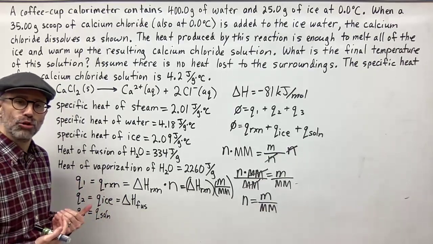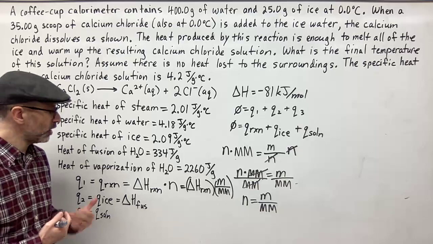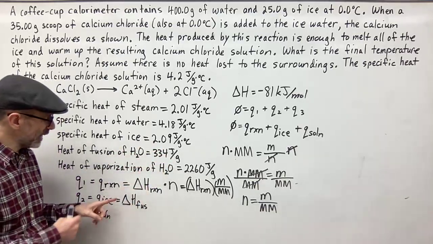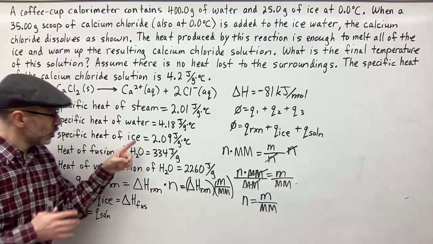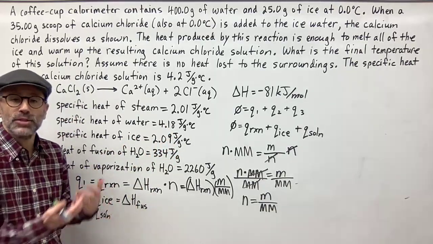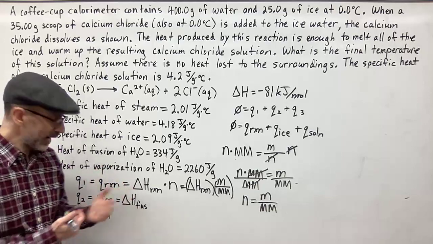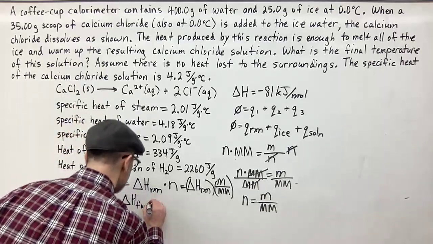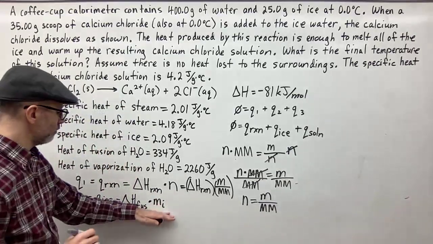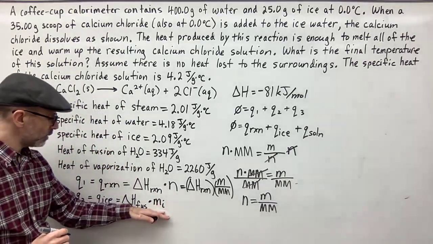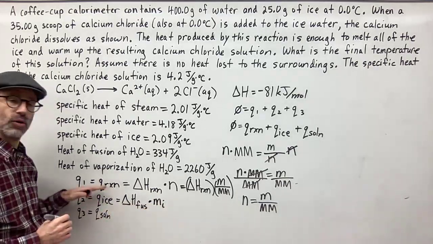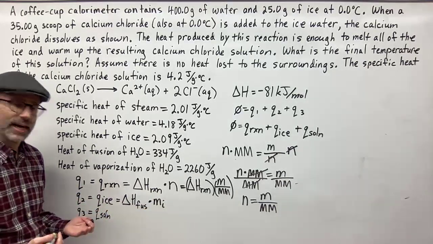That should be in joules alone. That should be a heat unit alone. But this is a heat unit per gram. So in order to get the unit joules by itself, I'm going to have to multiply by grams, the mass of the ice. So here, I'm just going to multiply by the mass of the ice in grams. And so there's my formula to get the amount of heat absorbed by the ice.